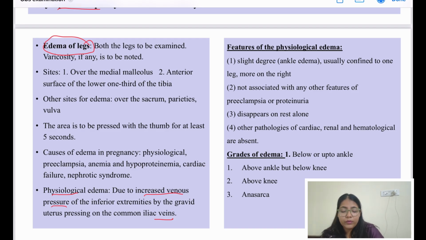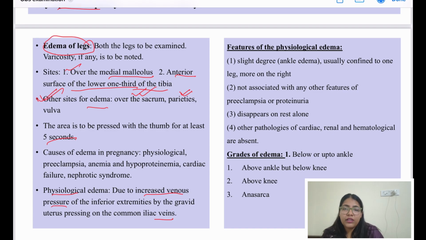Where do we commonly look for the edema? We look over the medial malleolus of the leg and the anterior surface of the lower 1/3 of the tibia, the shin bone. We press it for 5 seconds and look for dimpling of the skin. What are the other sites of edema? We can also look over the sacrum and parietes, like the abdominal wall.